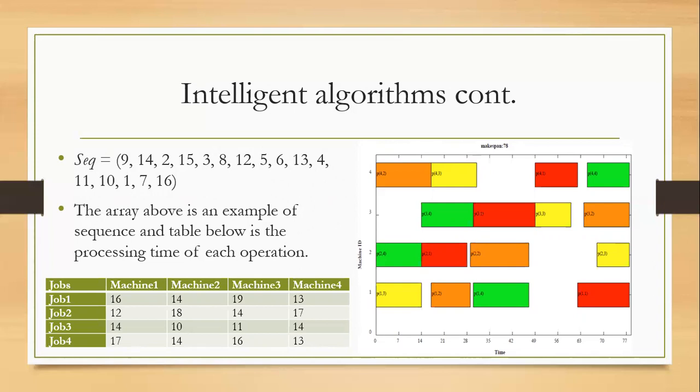After that, the number 2 appears, which means the first job is placed behind the fourth job on the second machine. The rest is scheduled based on that rule. Therefore, the Gantt chart is shown in the figure here, where Pij stands for the time required to process the j-th job on the i-th machine.